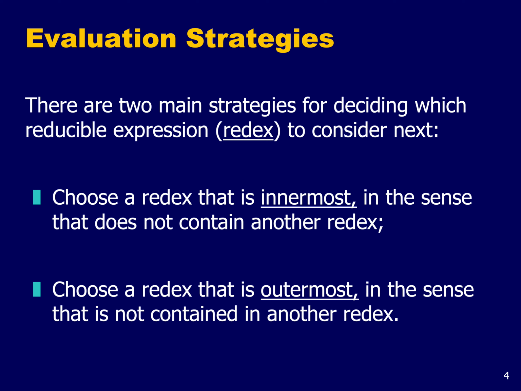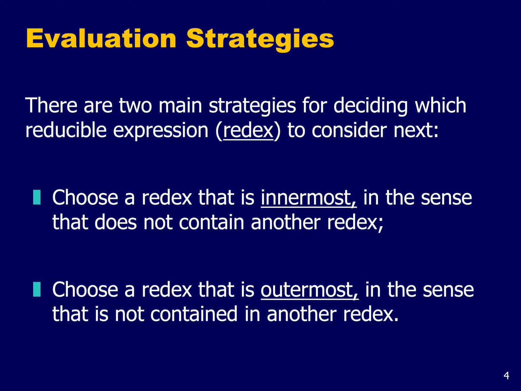And these are two kind of extreme strategies. The first of these is where we choose a reducible expression, or redex, which is innermost. And this is a very simple and intuitive idea, but if you wanted to be formal about it, you could say an innermost redex is one that does not contain another redex. So it's as small as possible.